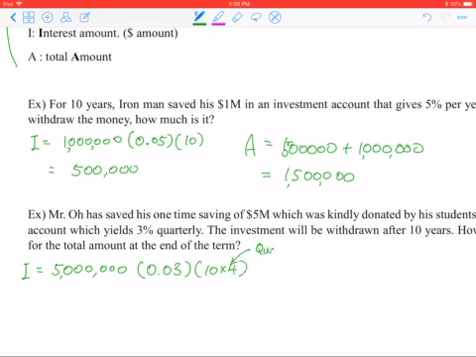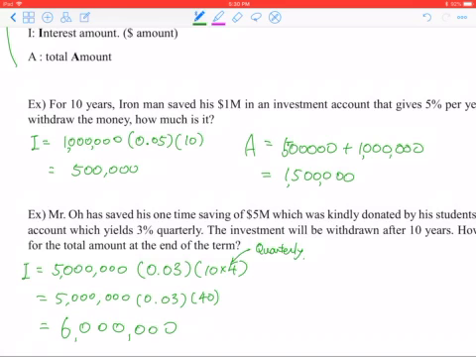So this is $5 million times 0.03 times 40. Now, I have no idea what this becomes, so let's calculate. This is kind of a happy thought, I believe. I'll say it gives me $6 million if I calculate it properly.